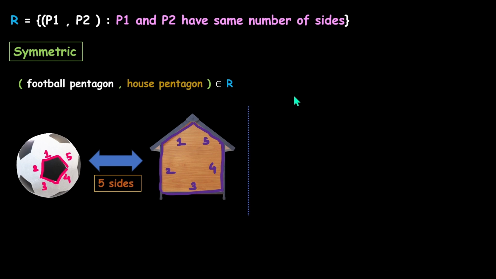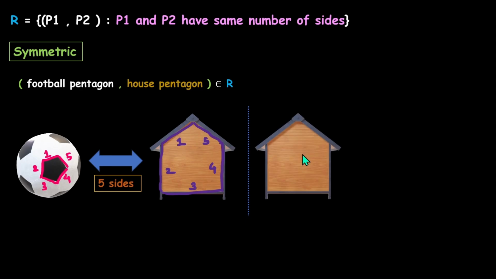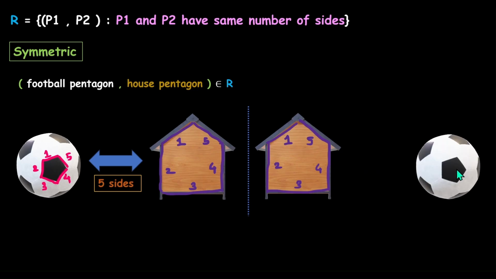Now for symmetric, we have to see that if we take the house example first, if we take the back of the house first and we count the number of sides, which is 1, 2, 3, 4, 5, that's 5 sides. And now we count the number of sides of the football, the figure in between, and that's 1, 2, 3, 4, 5. It still happens that this has 5 sides and this has 5 sides.